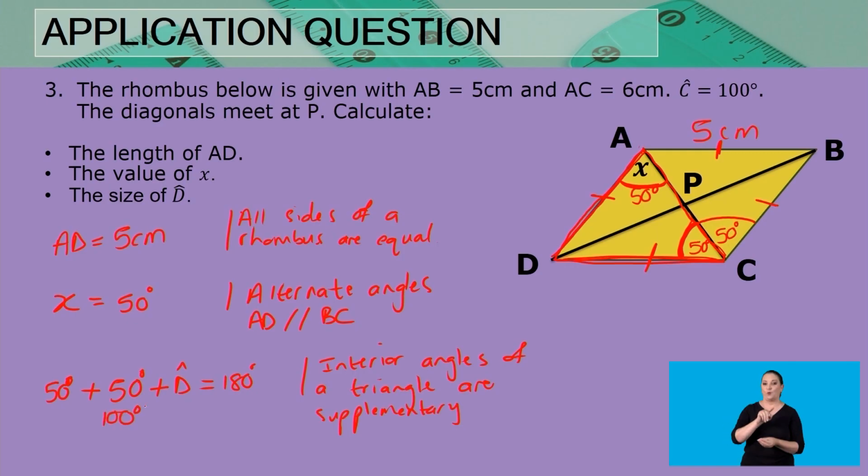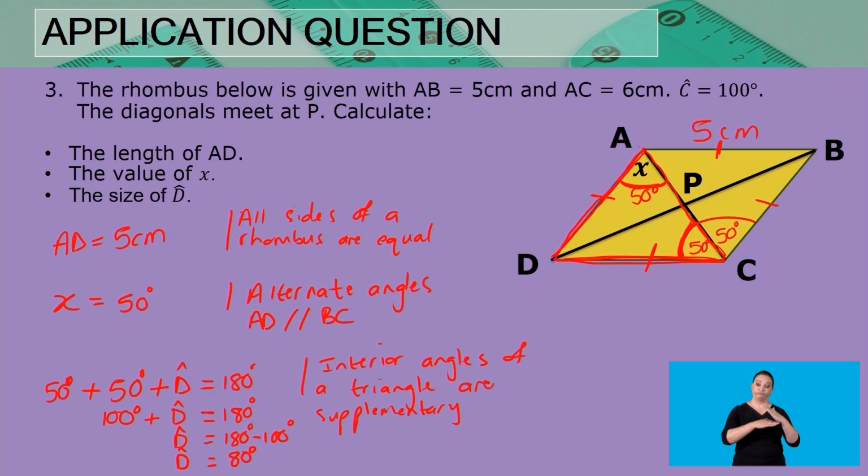Now, of course, adding those like terms, 50 degrees plus 50 degrees is equal to 100 degrees. When we add that to D, it will give us a sum of 180 degrees. And using the additive inverse of 100, we have angle D is equal to 180 degrees minus 100 degrees. That is going to give us D is equal to 80 degrees.